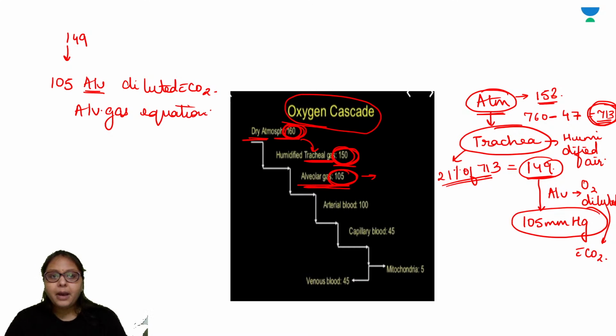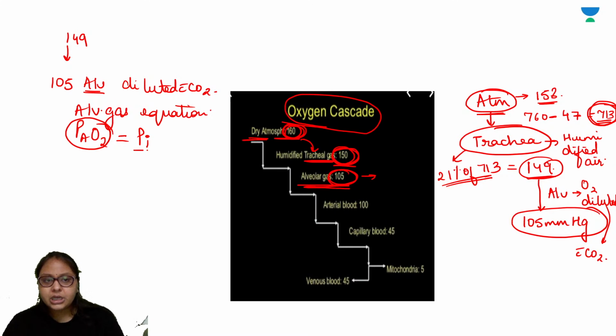Okay, so the partial pressure of oxygen at the level of alveoli is equal to how much oxygen is in the inspired air minus it is diluted with carbon dioxide, right? So how much partial pressure of carbon dioxide is present at the alveoli upon the respiratory quotient.